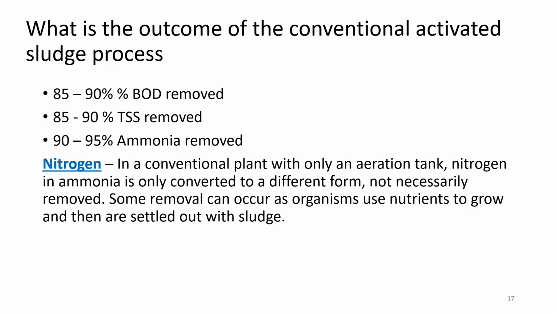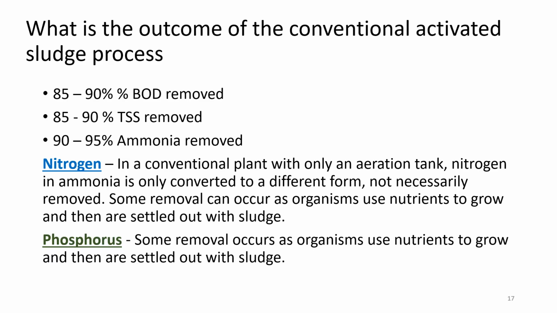But really, it's only been oxidized to a different form of nitrogen, so there's still nitrogen present. So if we have a permit limit that we need to meet for nitrogen, we might have to modify our plant so that we can not only nitrify but denitrify.